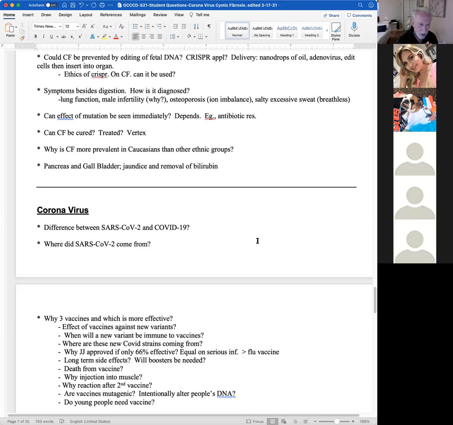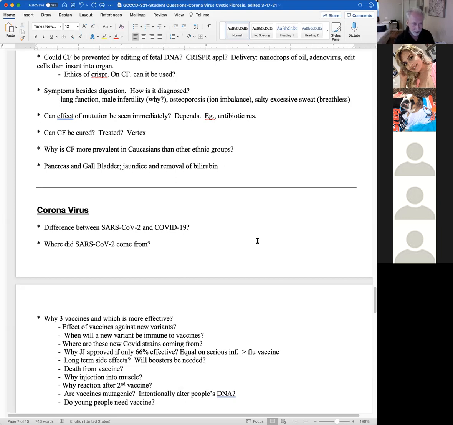I don't know what you mean by part of it. If they have the mutation, they're going to have symptoms. The symptoms can be treated. If you look at Vertex's website, you can see that they have a number of chemicals that do treat the symptoms of cystic fibrosis. So they don't correct the mutation.